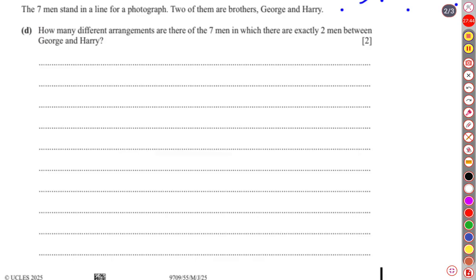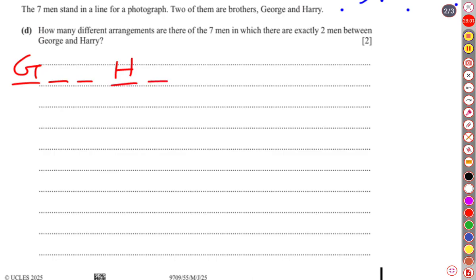First of all, George and Harry are 2 brothers. So let us see, G, then in between them there will be exactly 2, and then there comes Harry. So 4 members have already gone away.